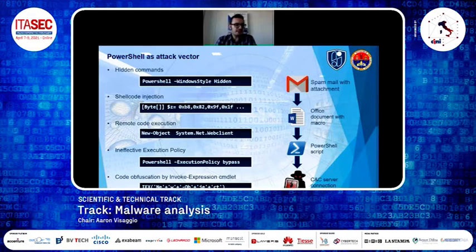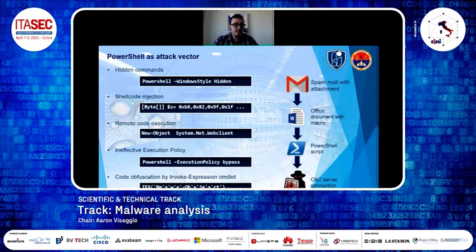PowerShell is often used as an attack vector for many reasons. One, you can run hidden commands, and you can perform shellcode injection or remote code execution. And the security settings have proven to be ineffective because they can be easily bypassed.